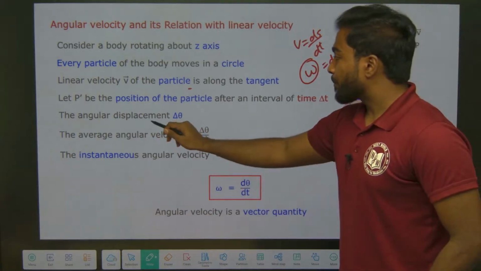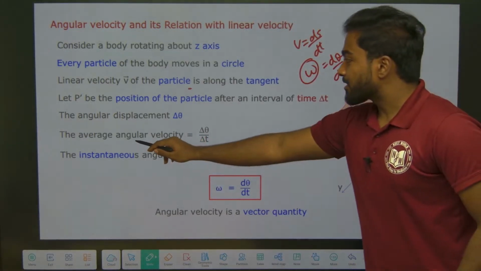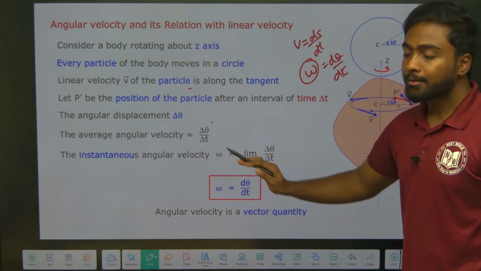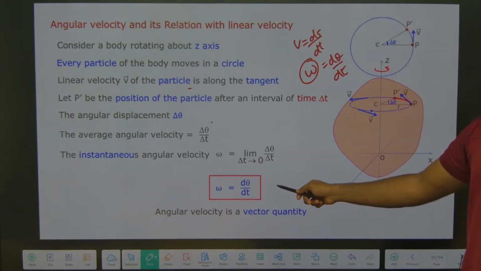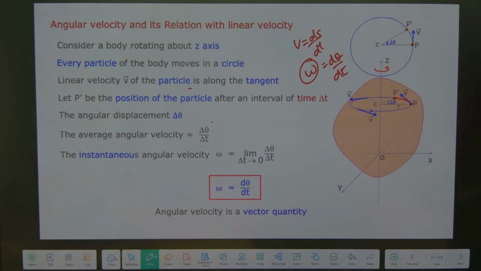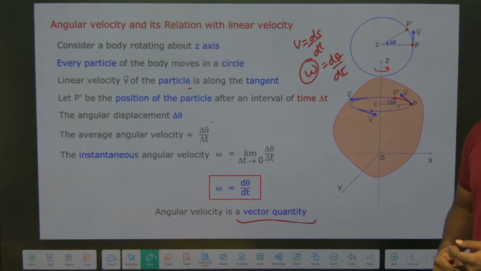The angular displacement is delta theta. So the average angular velocity will be delta theta by delta t, and the instantaneous angular velocity is d theta by dt. Angular velocity is a vector quantity.